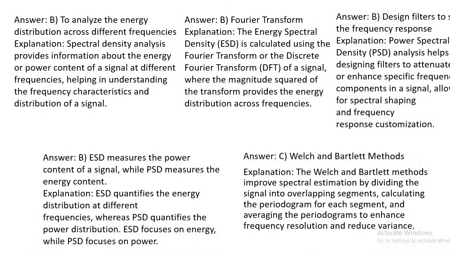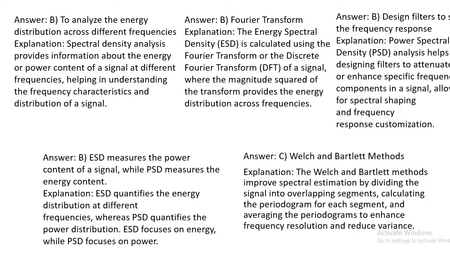Answer to the first question is B, to analyze energy distribution across different frequencies. Why? Because spectral density analysis provides information about energy or power content of a signal at different frequencies. That helps in understanding frequency characteristics and distribution of a signal.